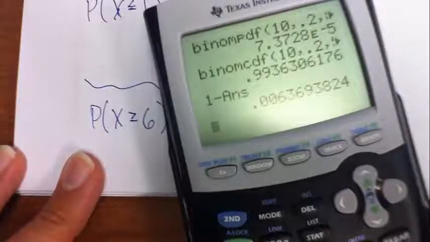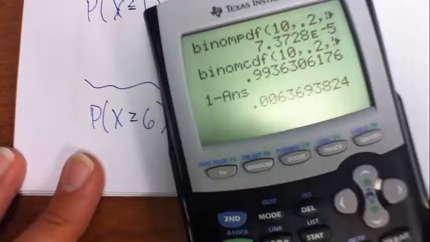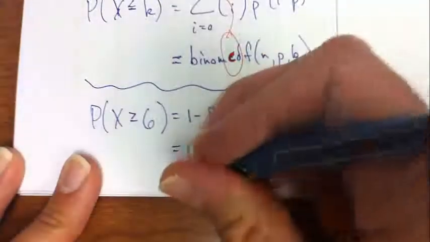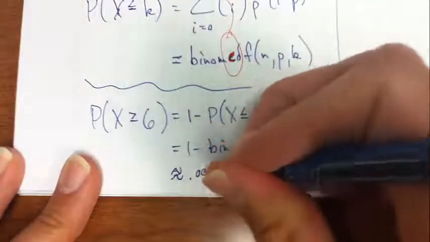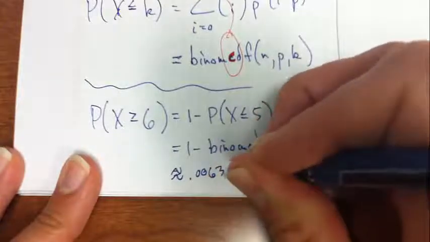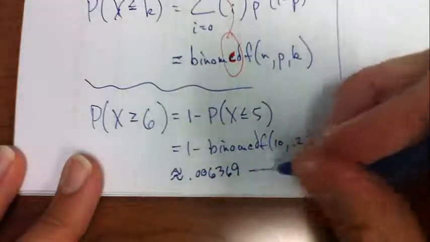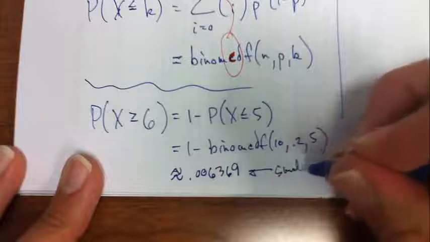It's pretty small: 0.006369 about. That's small. So what does that mean?